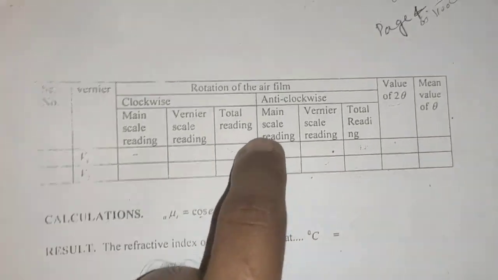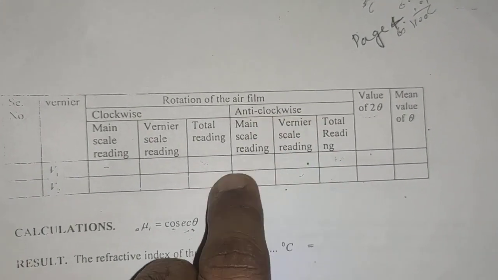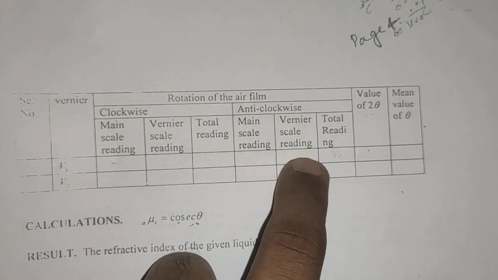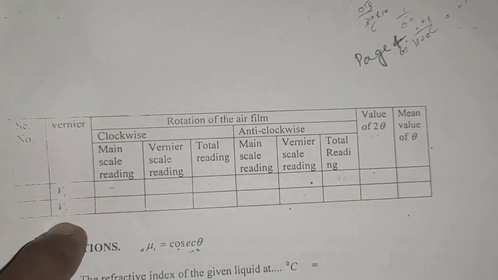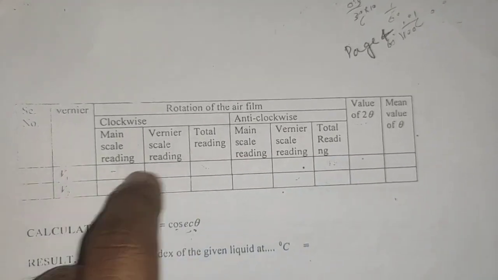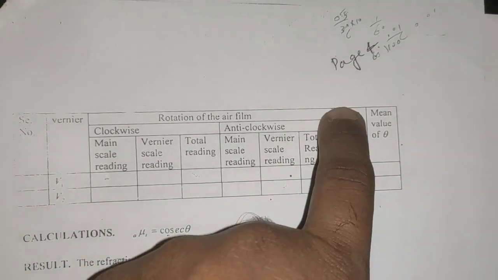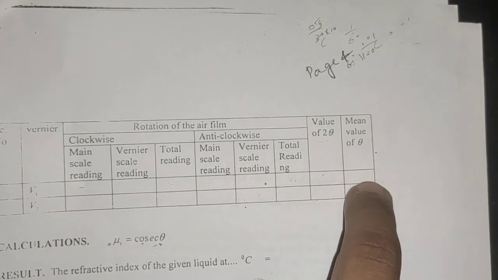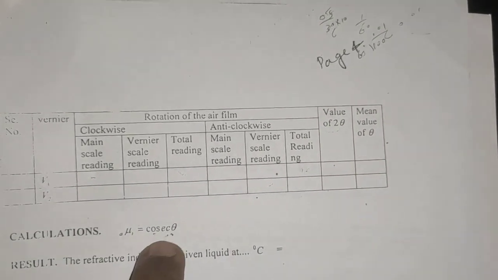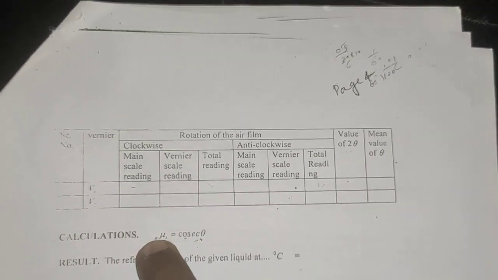I note the position of the disappearance of light in the anti-clockwise direction, the main scale, vernier and total readings for V1 and V2. Then we take the difference for vernier 1 and vernier 2 individually, which gives us the value of 2 theta and the mean value of theta, and we use that theta to calculate the refractive index of the liquid.